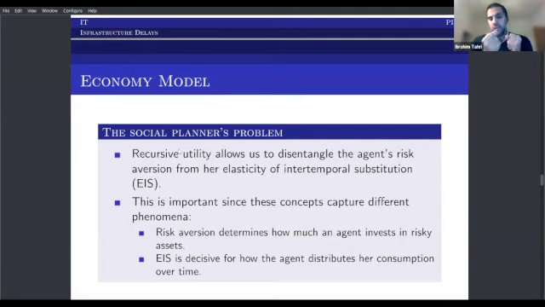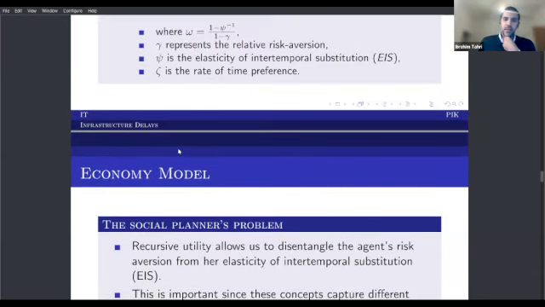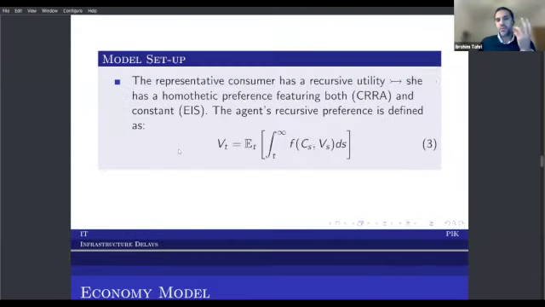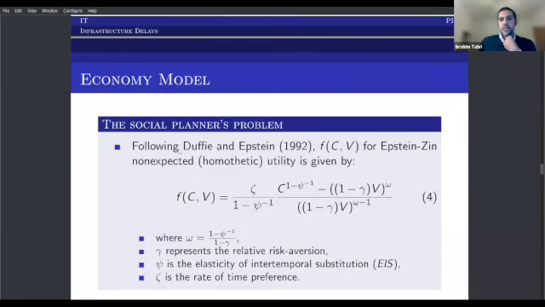This is important since these concepts capture different phenomena. First, risk aversion determines how much an agent invests in risky assets, or in this case, risky sectors. And the elasticity of intertemporal substitution is decisive for how the agent distributes her consumption over time. This is, again, the standard textbook recursive utility function.